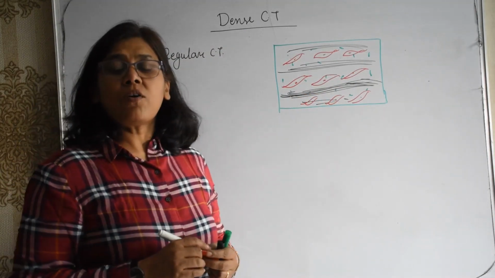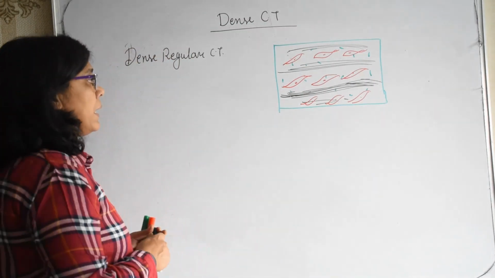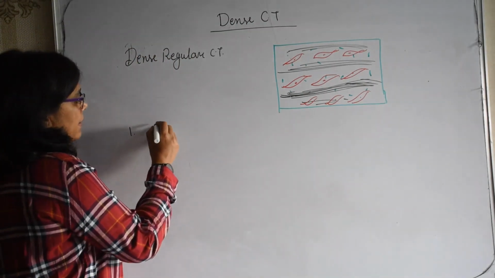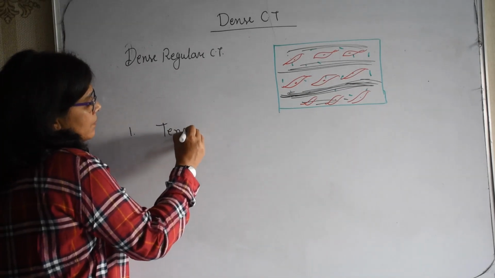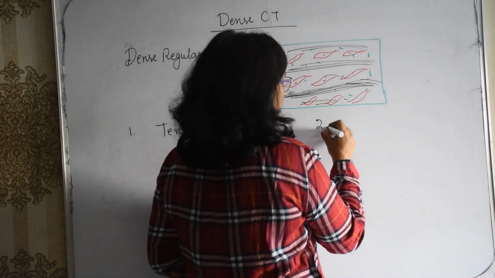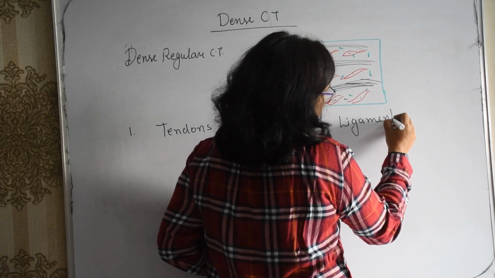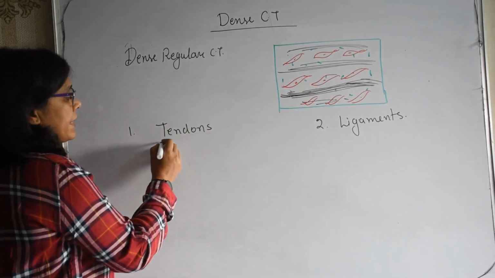The examples of dense regular connective tissue are, number one, tendon, and number two, ligaments. So first about the tendons.